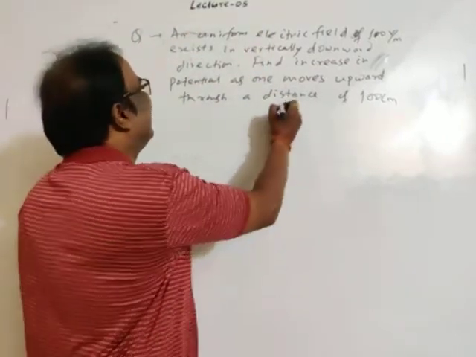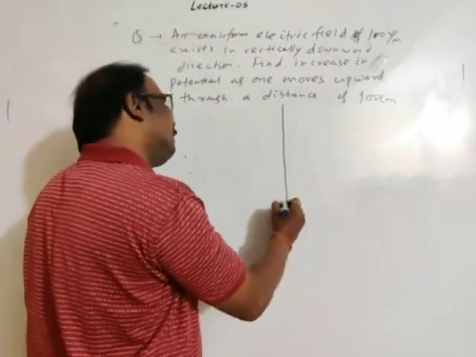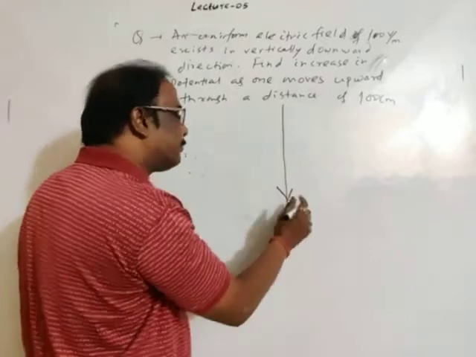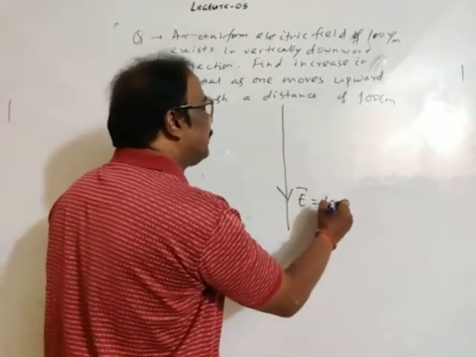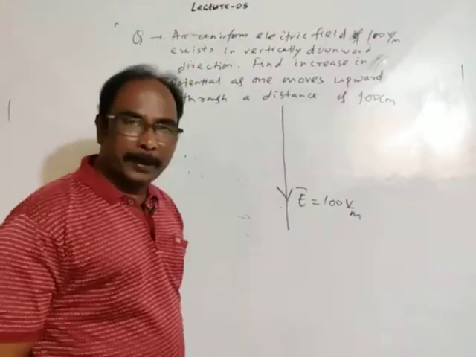The electric field is existing in the vertically downward direction, and the magnitude of electric field is 100 volt per meter.